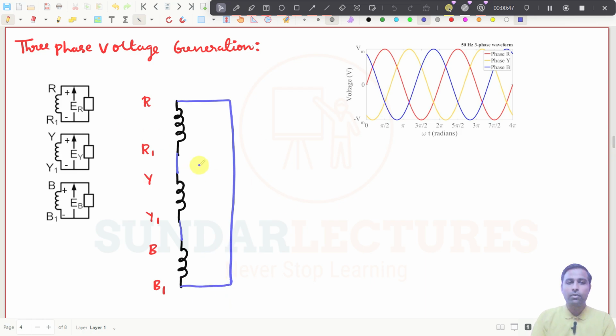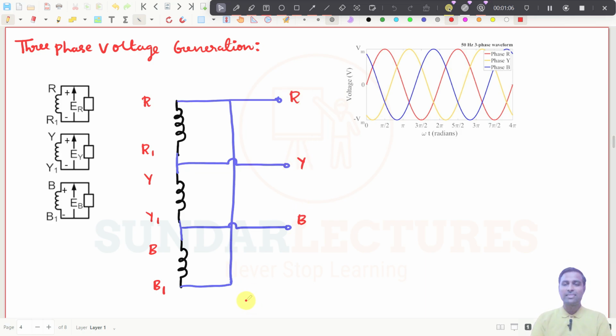That's all. Now you see, you take a point from R, and then from Y, and then from B. We will call these R, Y, and then B. That is the supply system.